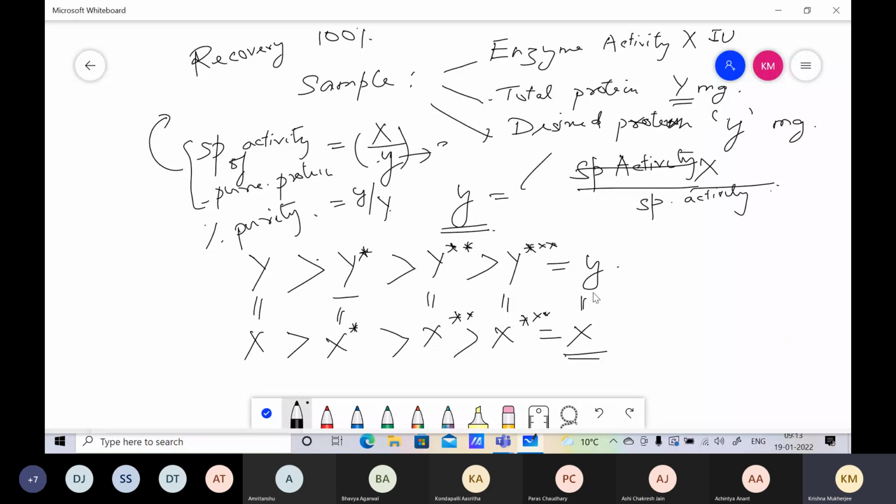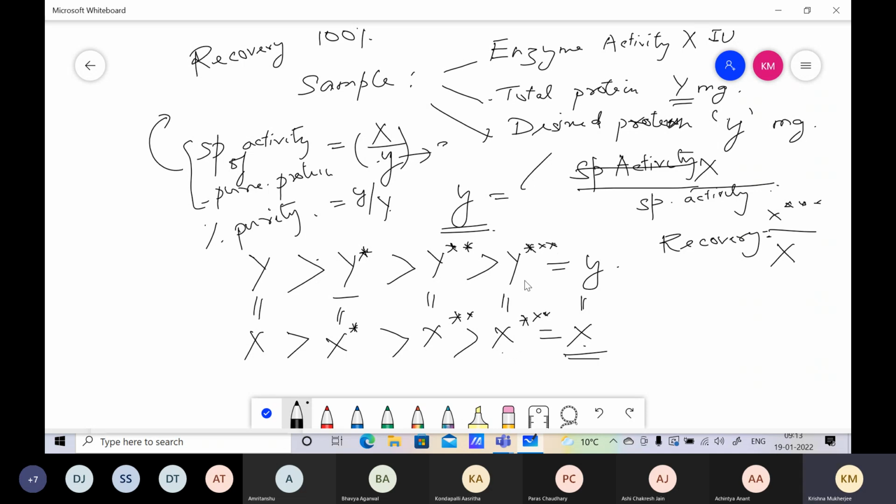So your actual recovery is X triple star divided by X, which is a percentage recovery or fractional recovery, and your activity is y triple star by X.